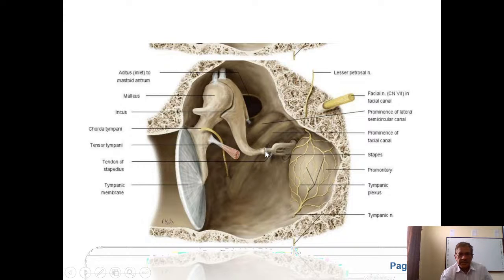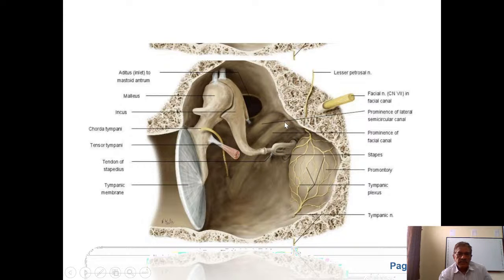Then it articulates by a synovial joint with the stapes, and that's the neck of the stapes, into which the tendon of the stapedius muscle is inserted. That is the anterior crus, and that is the posterior crus, and that is the oval window. This is the footplate of the stapes, which is covering the oval window.